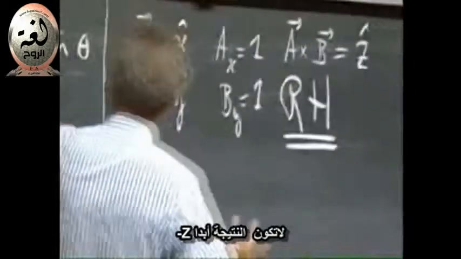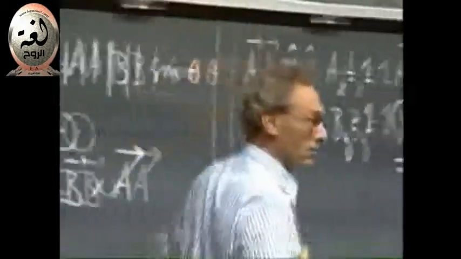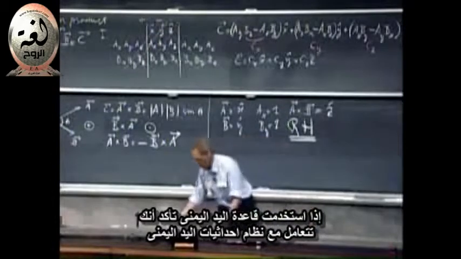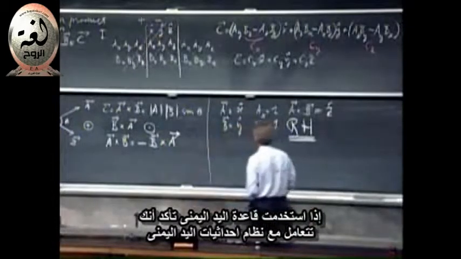Never, ever make it such that x cross y is minus z. You're going to hang yourself. Because for one thing, that wouldn't work anymore. So be very, very careful. It must work. If you use the right-hand corkscrew rule, make sure you work with the right-handed coordinate system.